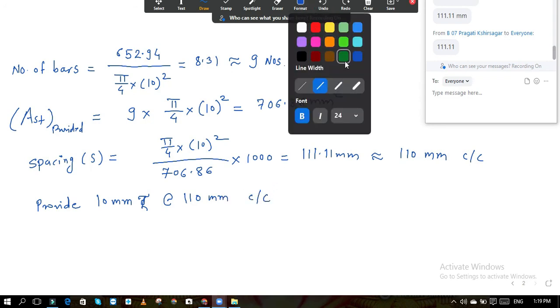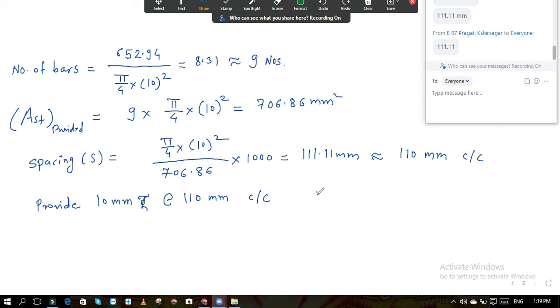So this is your main steel. And now for top extra bars, we just double the spacing. So here we can write: provide 10 mm diameter bars at 220 mm center to center. These are our top extra bars, which will be extended up to the development length.